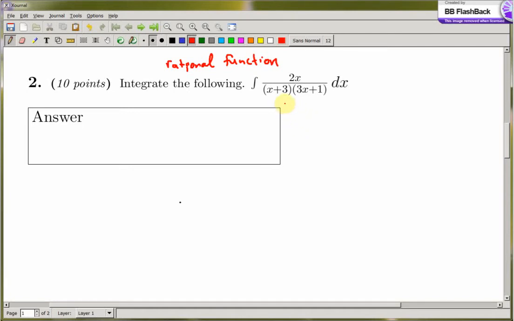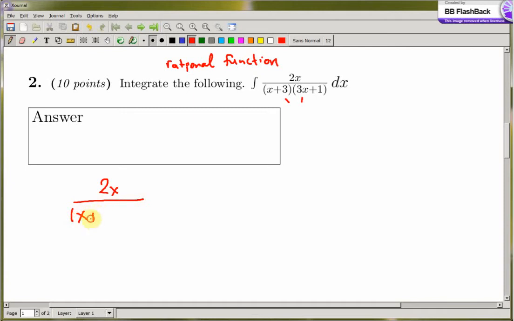It's also nice not only because it's factored into these two factors on the bottom, but also because these factors are different. So this is the easiest possible case to do partial fractions. The whole idea is that you don't know how to take the antiderivative of this complicated thing, but if there was some way to break this expression up into two simpler pieces, then you might have a chance.